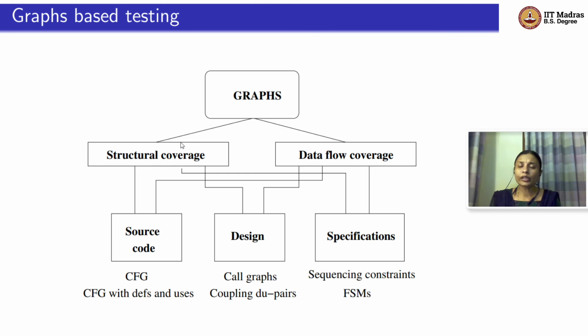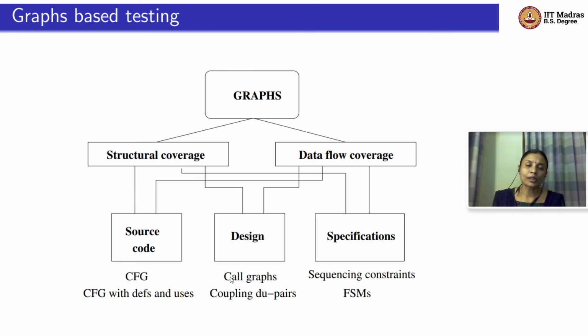So this is about the last lecture for now on graph based testing. We started with graphs, some basic graph algorithms. We broadly covered structural coverage and data flow coverage over source code, within a method, within a function or procedure, which was represented by a control flow graph or control flow graph with data definitions and uses. We covered design or design integration testing, where control flow graphs became call graphs.